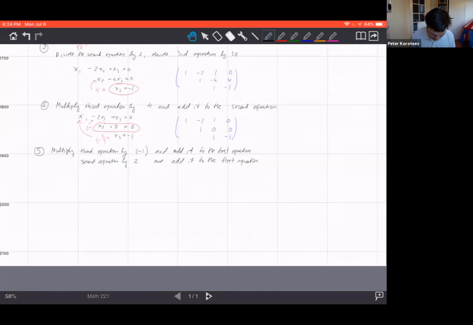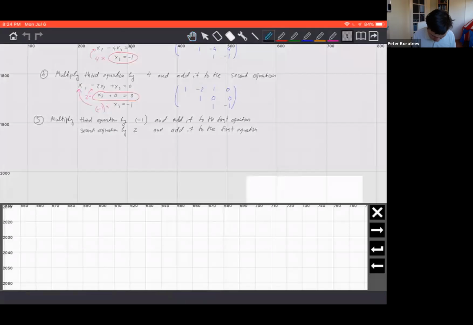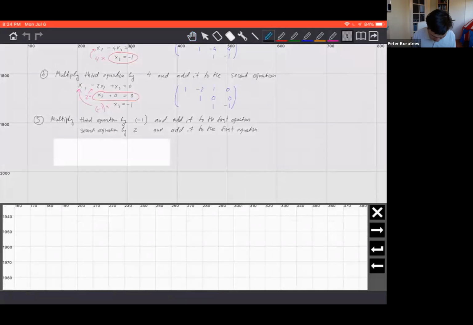So what happens here is this. The first equation becomes x1 plus 0 plus 0 equals 1. That comes from the third equation. The second equation stays x2 equals 0.